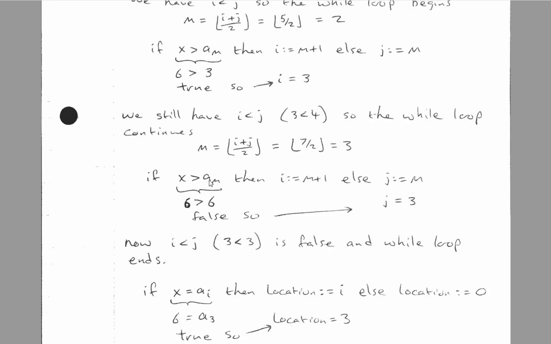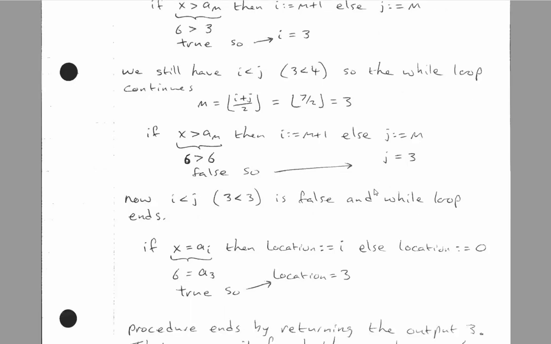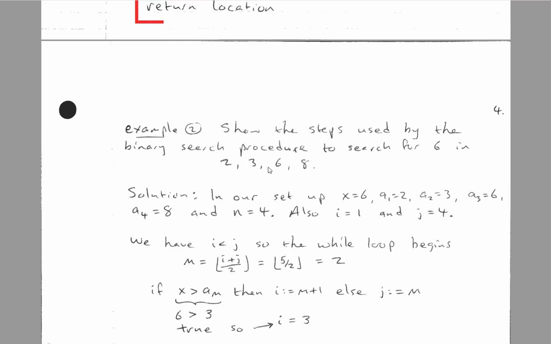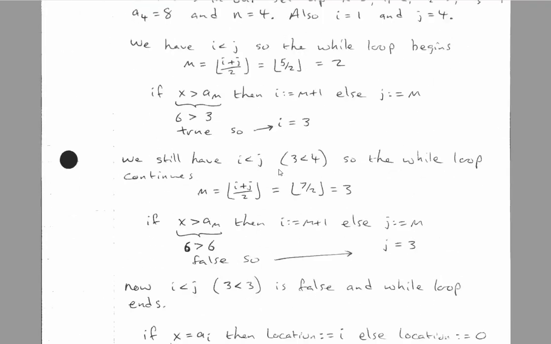Now x greater than a sub m is false. 6 is not strictly greater than 6. So we don't do the first one, we do the second one. j becomes 3. So i stays at 3, but j comes down to 3.